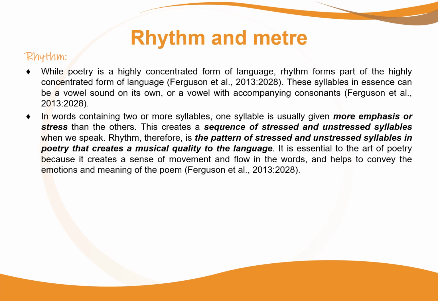And in words that contain two or more syllables, one syllable is usually given more emphasis or more stress than the others. And this, in essence, creates a sequence of stressed and unstressed syllables when we speak.